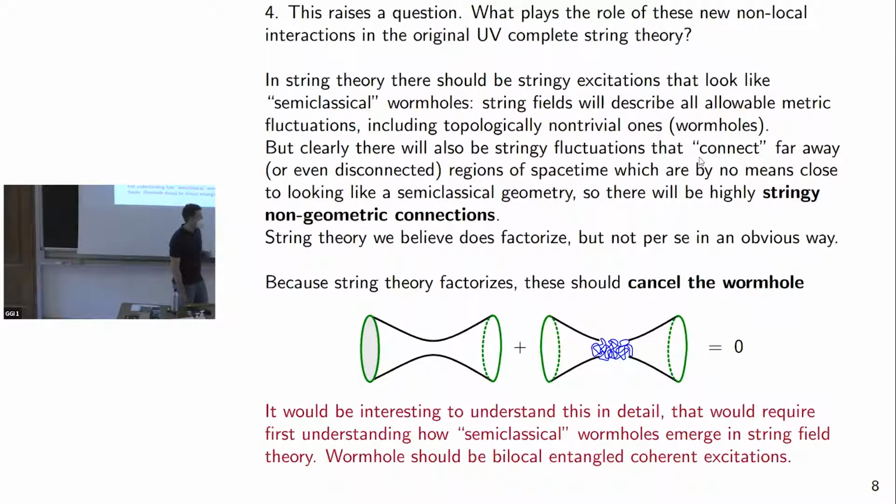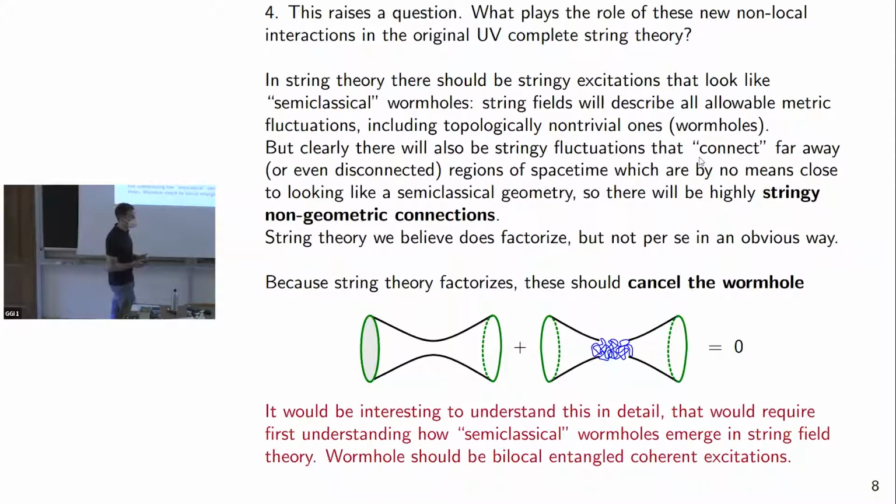I think this raises a question, namely, suppose we have these non-local interactions in our low energy effective field theory or our gravity description, then what plays the role of these things in the original UV-complete string theory? We thought of a picture like this, that should make sense. If we take some string theory, then clearly the string path integral will include all possible types of metric fluctuations.